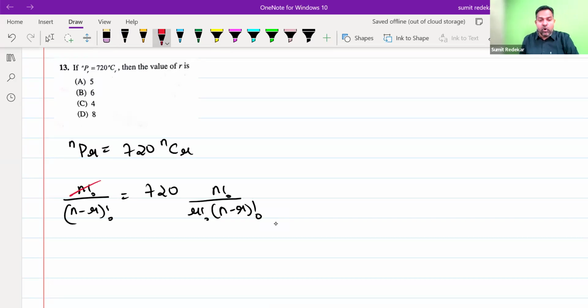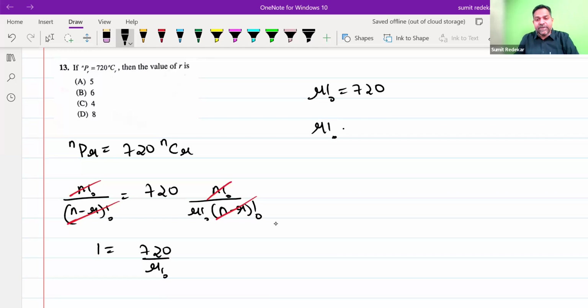Equal quantities on opposite sides nullify the effect. So what do you get? 1 is 720 by r factorial, or in other words, r factorial is 720. If the left is a factorial of some number, the right should also be a factorial of some number, which means that 720 is nothing else but the factorial of 6. r is equal to 6. A very well put question.